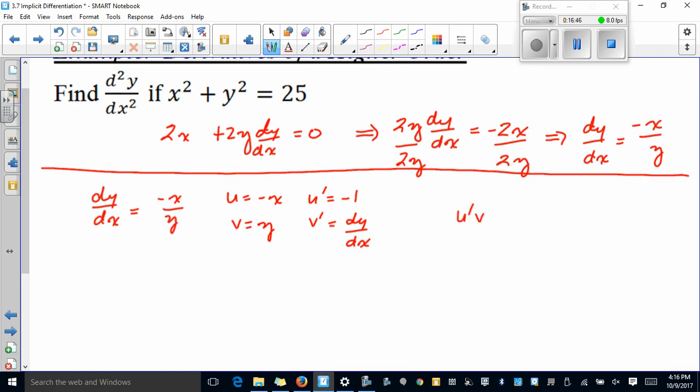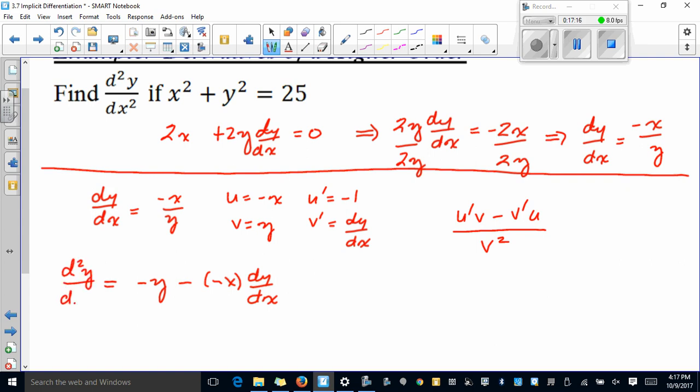So if I do u prime v, I get negative y minus, and this way here is negative x dy/dx. And by the way, we have this at this point now. This is d2y/dx squared. Okay, let's go ahead and fix this.